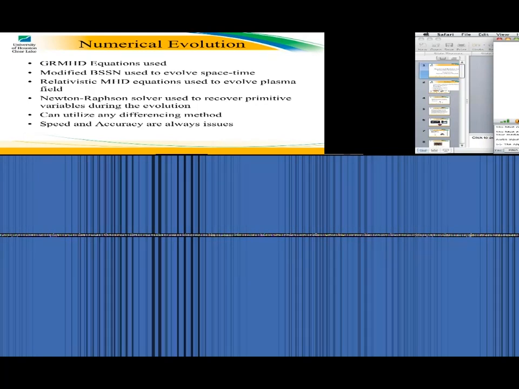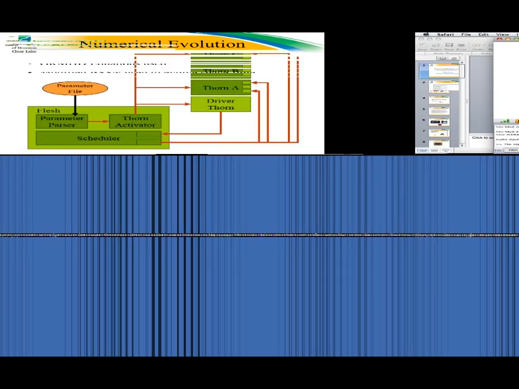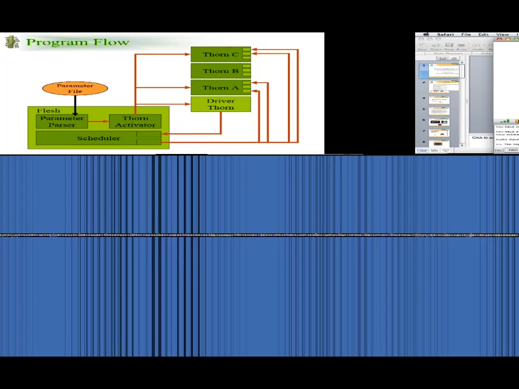But right now, since we're evolving about 30 different equations simultaneously, speed is an issue, and we have to use this strongly hyperbolic form, which is the only thing that keeps us from crashing the space-time part. So this is just a quick overview of how the code works.